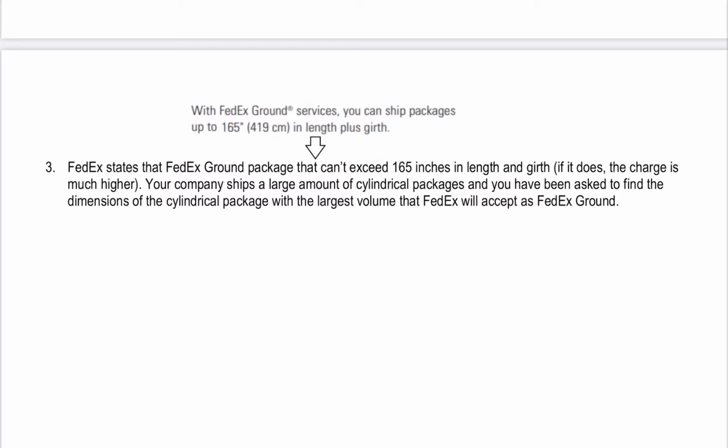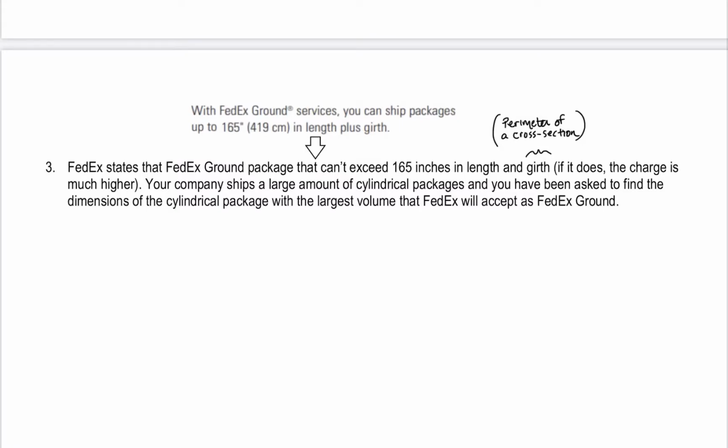Now that girth, just so you know, is the perimeter of a cross section. So kind of the definition of girth here is the perimeter in general, perimeter of a cross section. Okay, so that's what girth is.